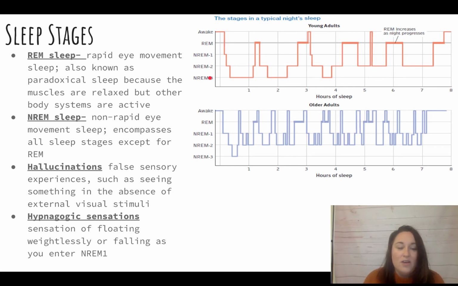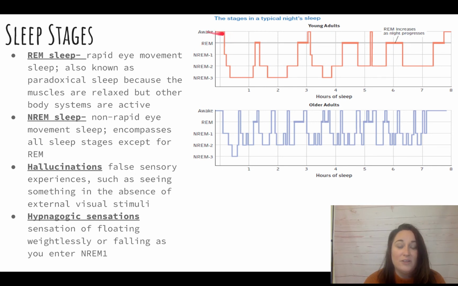All right, so there are also experiences such as hallucinations, and those are false sensory experiences, like seeing something in the absence of there actually being anything there. Those can happen with severe sleep deprivation, because in severe sleep deprivation, you're kind of stuck.